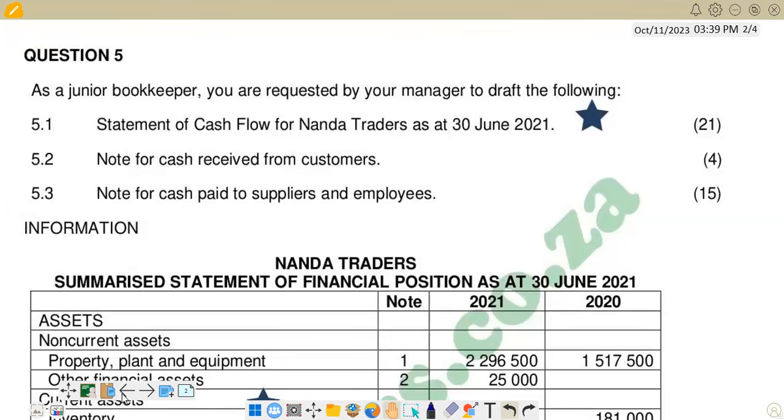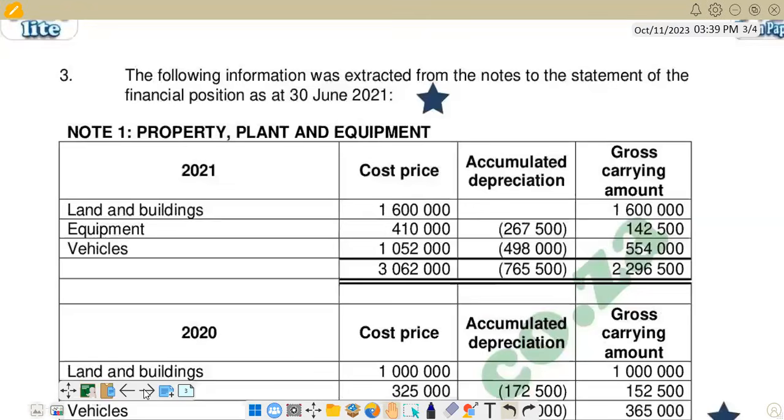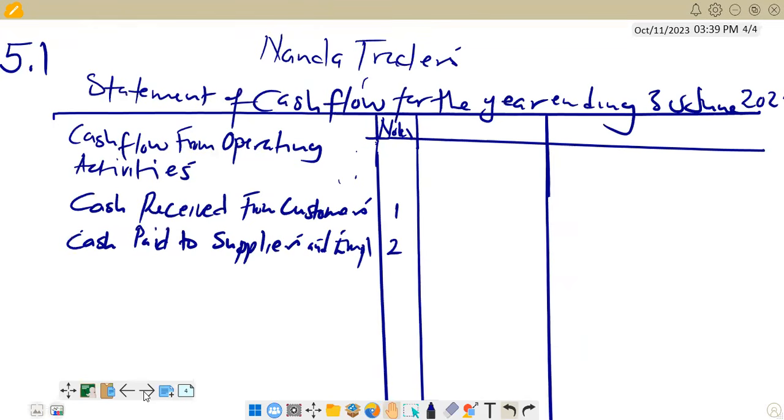If you go to our answer section, we have the statement of cash flow for the year ending 30 June 2021. Cash flow from operating activities is the first section that we are going to fill in.